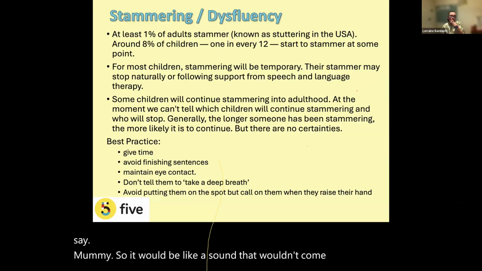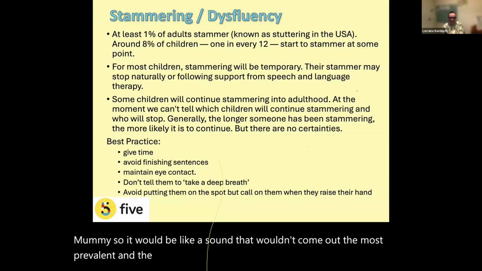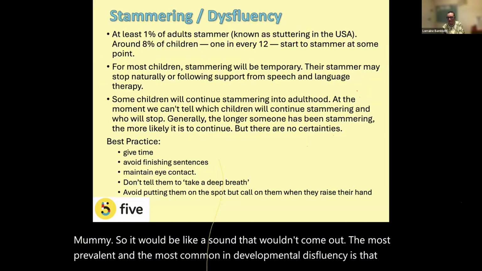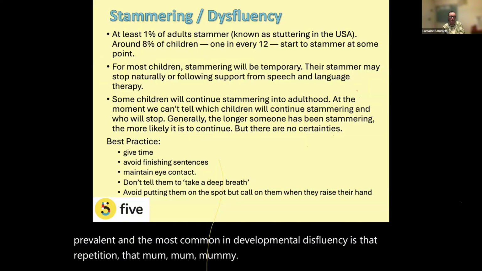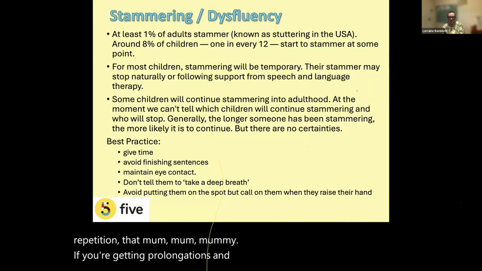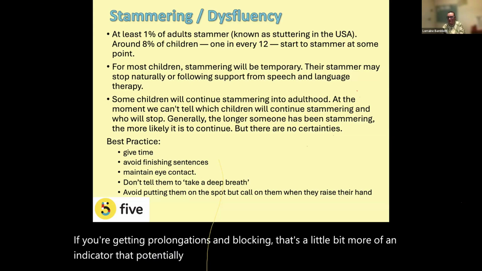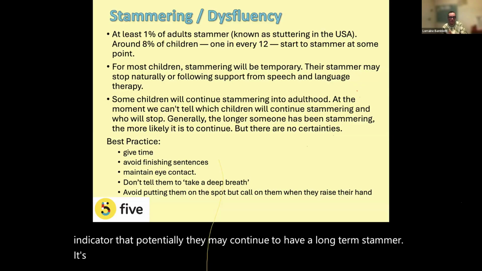The most prevalent and the most common in developmental disfluency is that repetition, that mummy, mummy. If you're getting prolongations and blocking, that's a little bit more of an indicator that potentially they may continue to have a long-term stammer. It's usually really hugely comorbid with family members having a stammer as well.